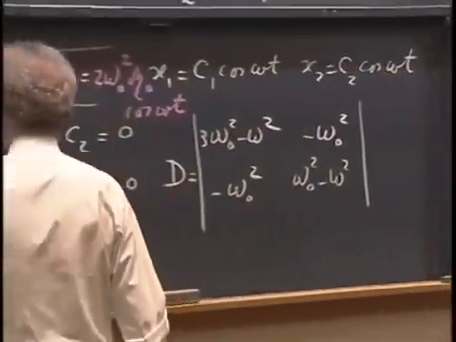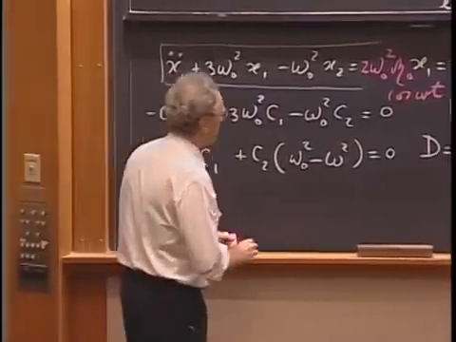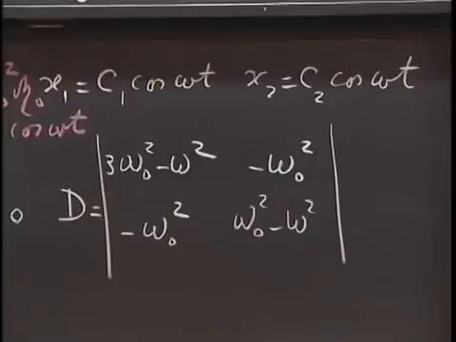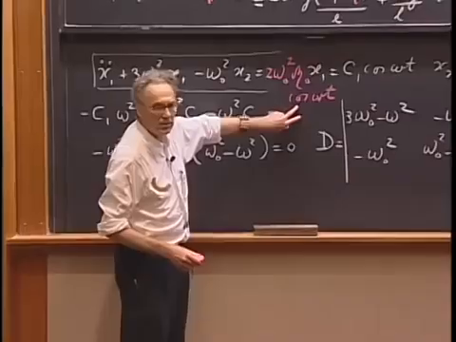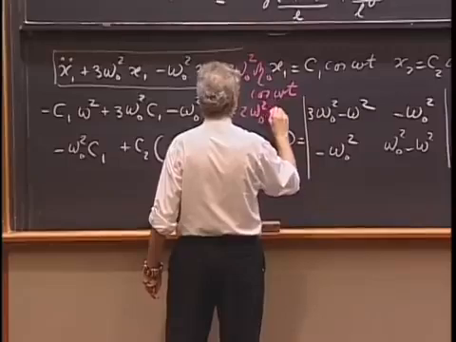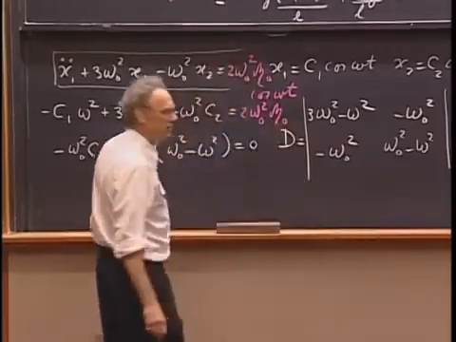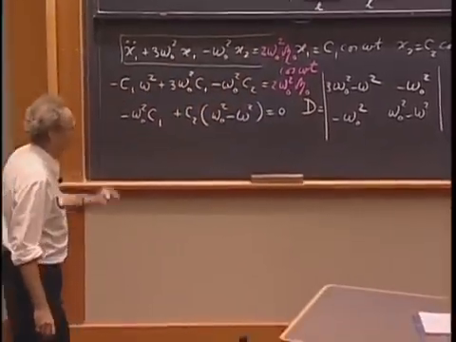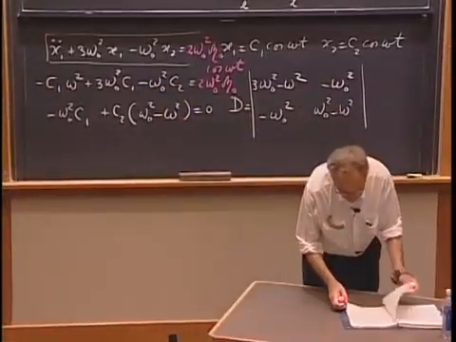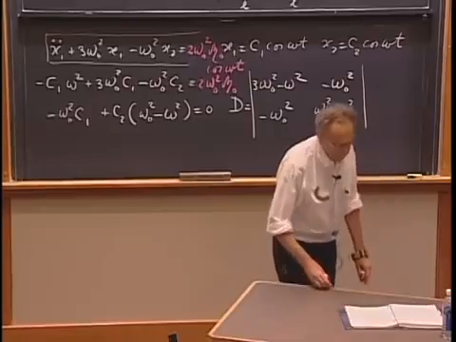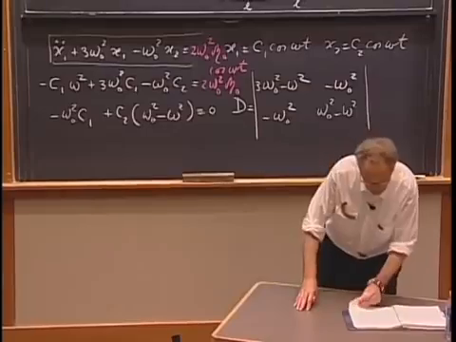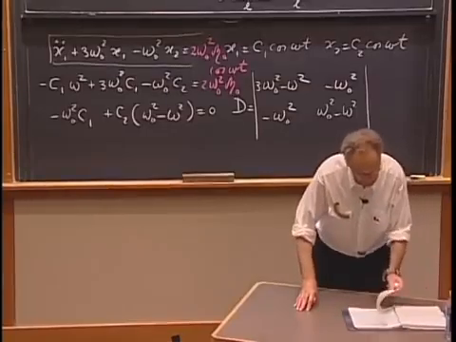So if we want to go back now to these 2 equations, what changes here, since we have put in this trial function, the only thing that disappears is this cosine omega t. So we end up here with 2 omega 0 squared times eta 0, and nothing else changes. But now we're looking at our solution for C1, and we're going to look at our solution for C2 in steady state.